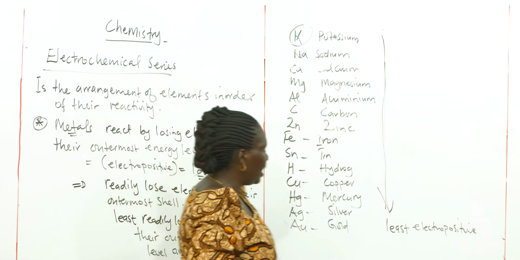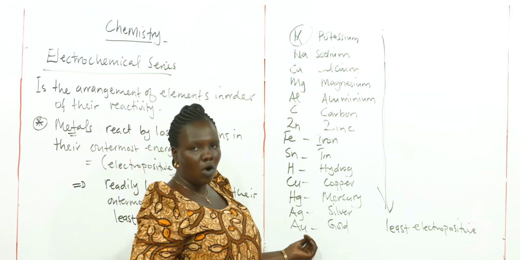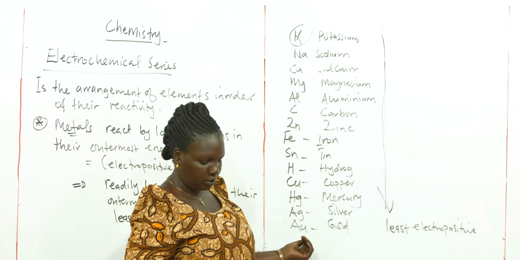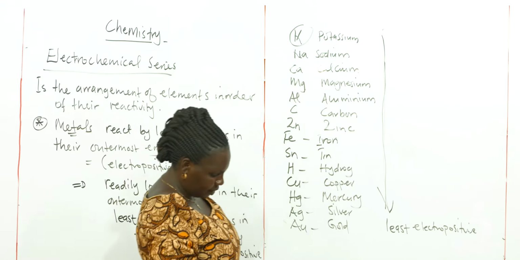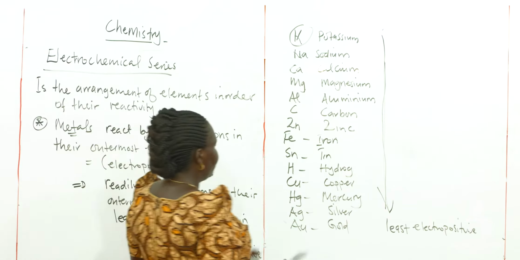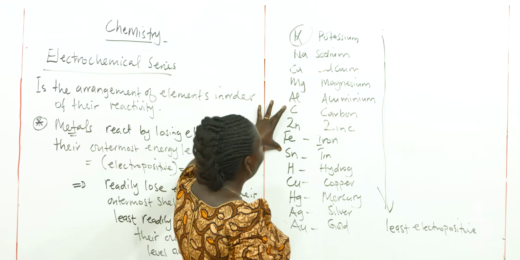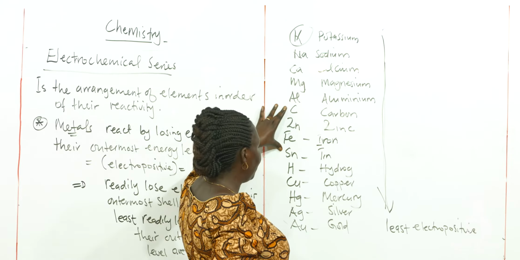The least electropositive is the least reactive, which is gold. Although we have hydrogen and carbon, they are not metals. They are included in the series to show the position they would occupy if they were metals.